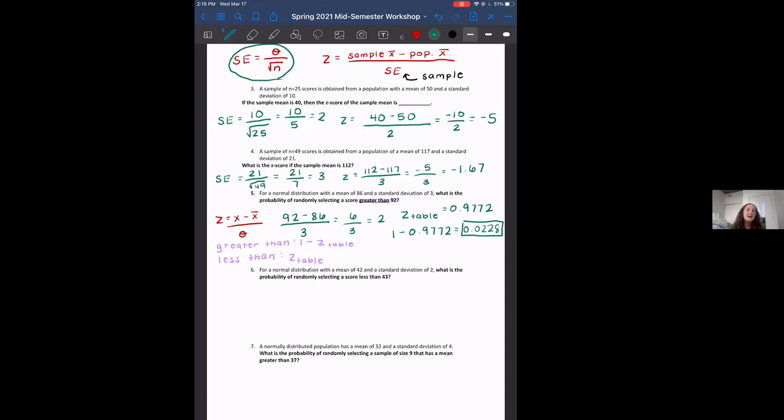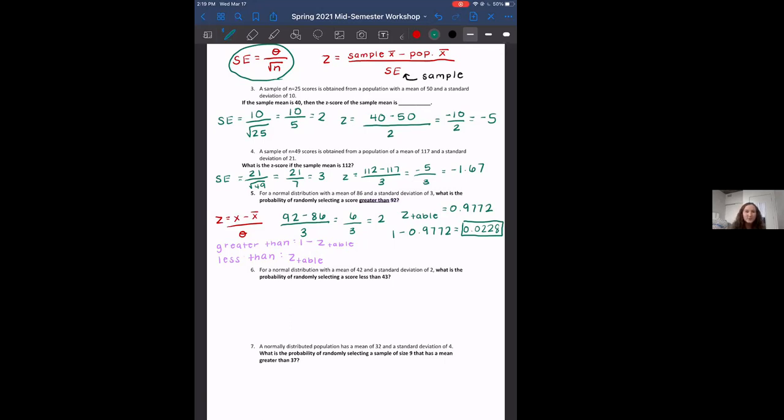If the question said percentage in it, then you would convert to percentage. To convert to percentage, you just multiply by 100. You only do a percent if it asks for the percent. If it doesn't ask, you just leave it in the decimal.